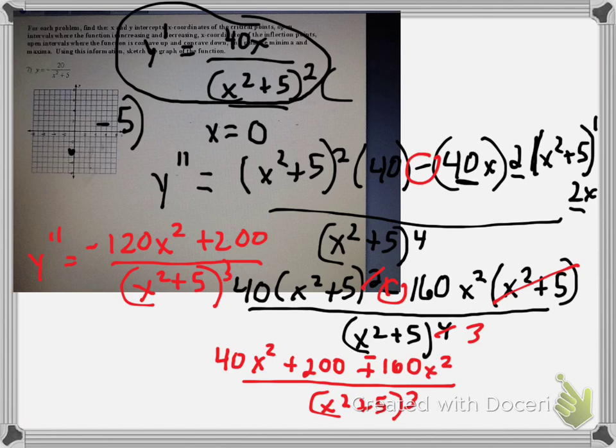So I need to look at what makes the numerator and denominator 0. Denominator will never be 0 because of the x squared. So the numerator is all I have to worry about solving.